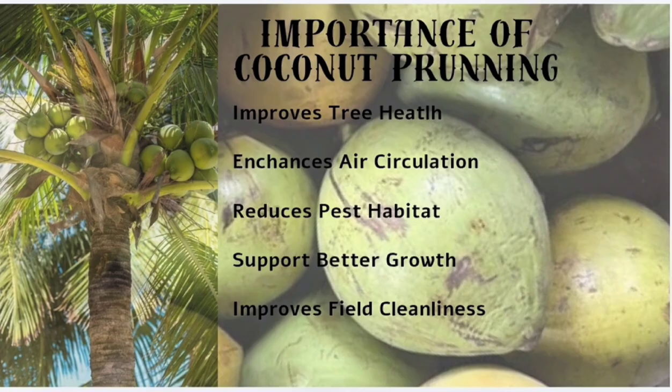The second factor is enhanced air circulation, such as better airflow around the tree and reduced moisture build-up. This is because when old fronds are removed, air can circulate more freely around the tree. Good air circulation reduces excess moisture, which can encourage fungal disease.